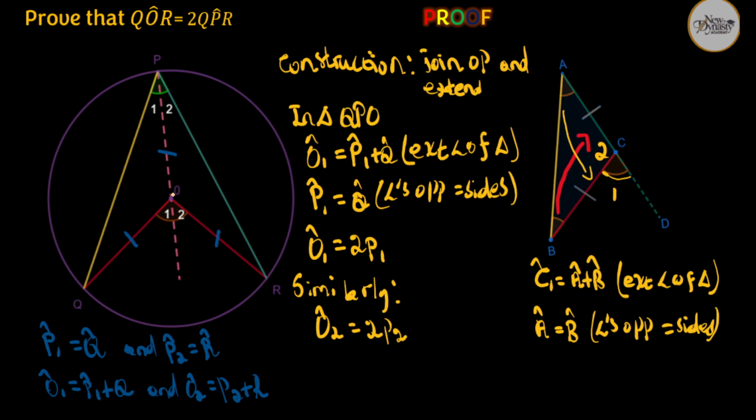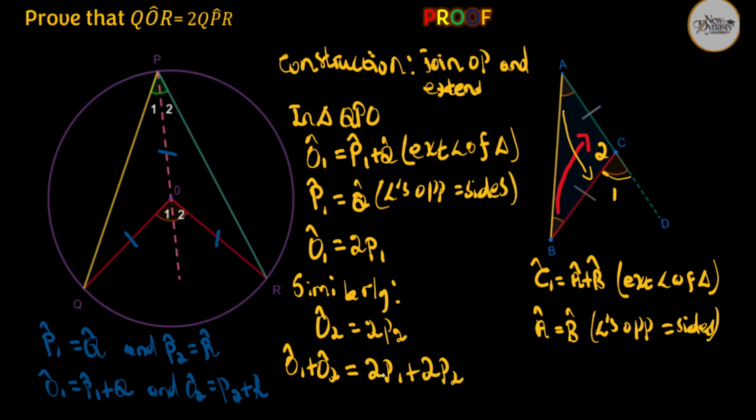But let's talk about angle QOR. It is made up of O1 plus O2. Can you see that? So let's go on and do our algebra and add O1 and O2. O1 plus O2. I'm adding those angles. Remember that O1 is 2P1, so it's the same as 2P1 plus O2, which is 2P2. So I've just added that.